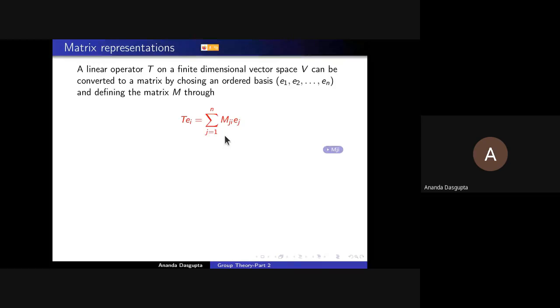Now I want to know, is there anybody here who does not know why these are called Mji and not Mij? That this rule for going from the action of a linear operator on a basis, to the expansion, to the matrix has this Mji rule.